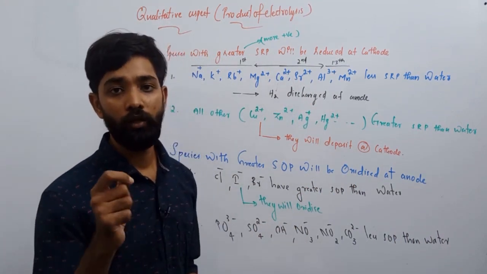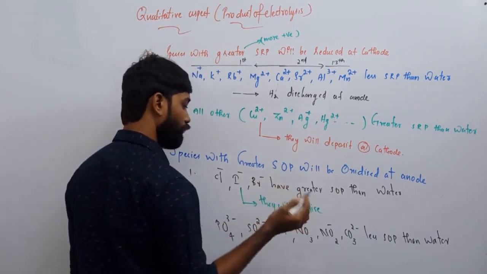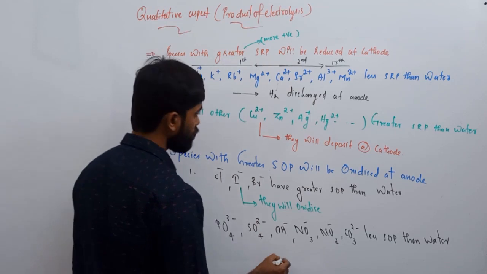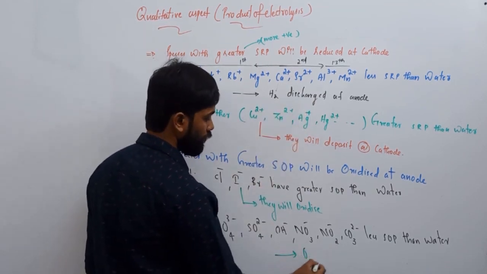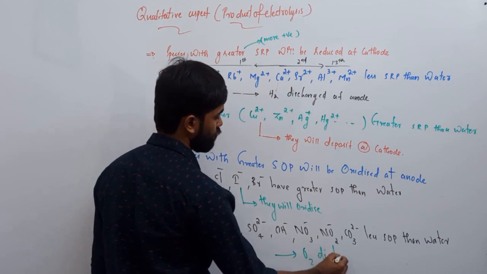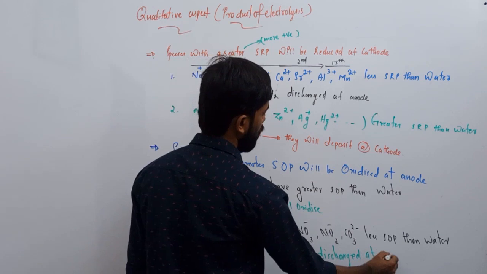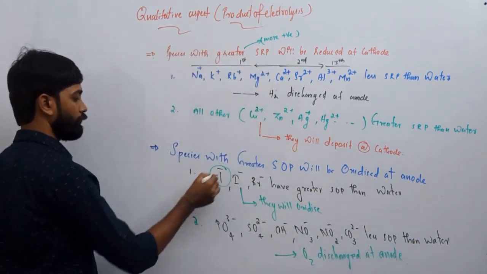Water will win the competition. Okay, so if water wins the competition, it means water gets oxidized. If water gets oxidized, it means oxygen is discharged at, tell me, anode. Okay, there is an exception.